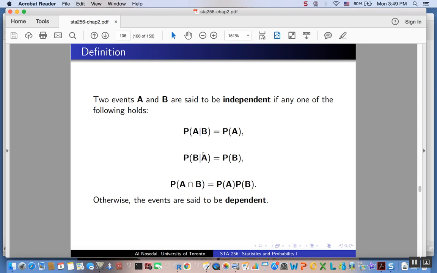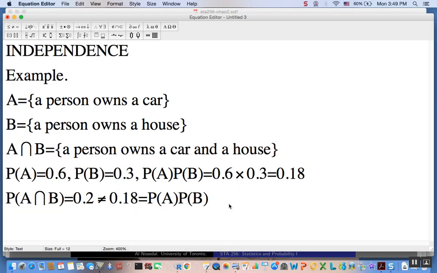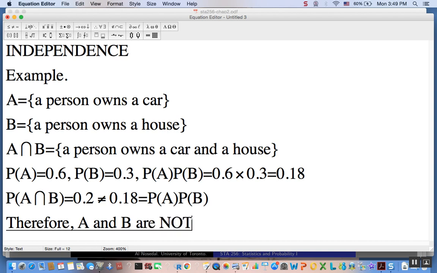But in this particular case, it was a good idea to use this one. Since this relationship doesn't hold, A and B are not independent. Therefore, those events are not independent. And that's it.